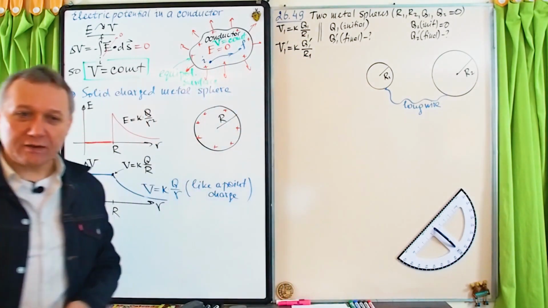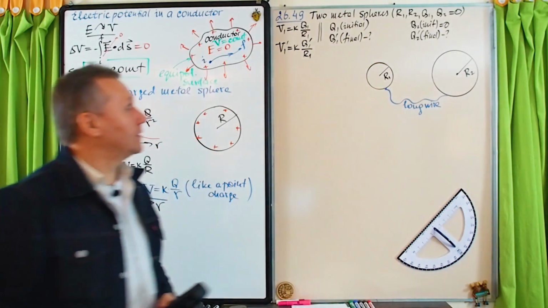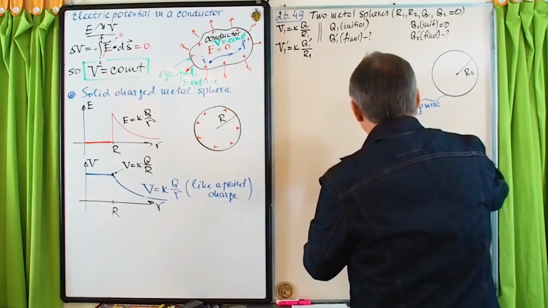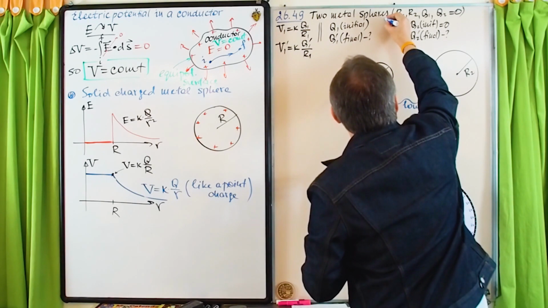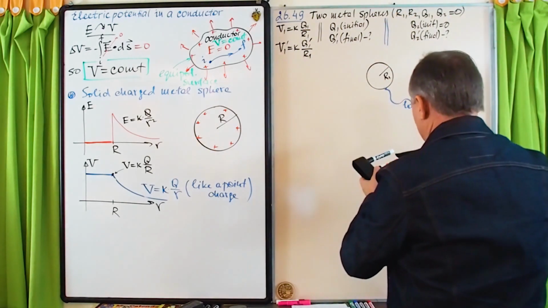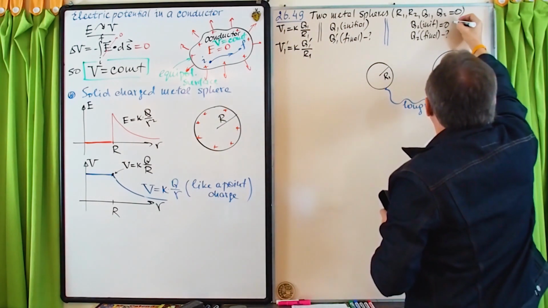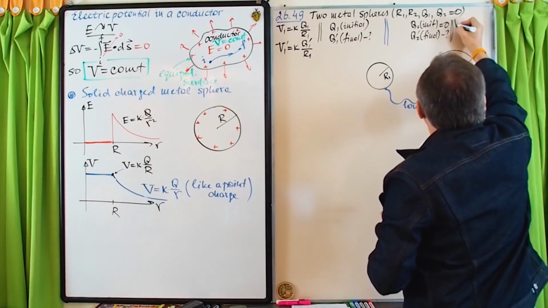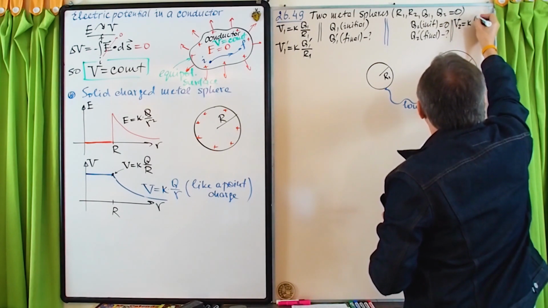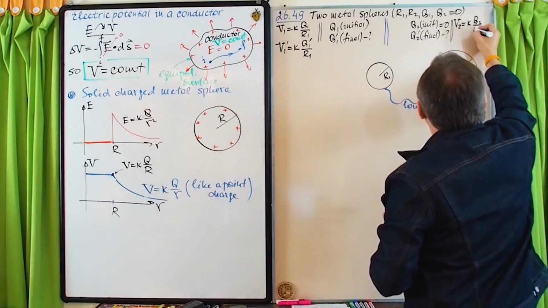And now let's do the same for the second sphere. Okay, let me separate these guys. So this is for the first sphere, that is for the second, right? So V2 will be equal K Q2 over R2.